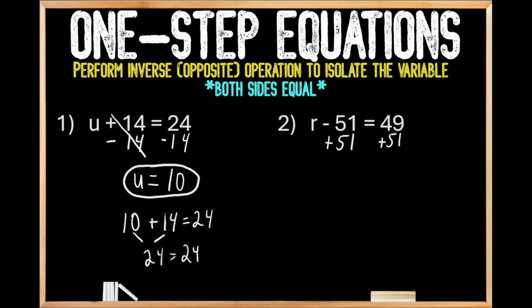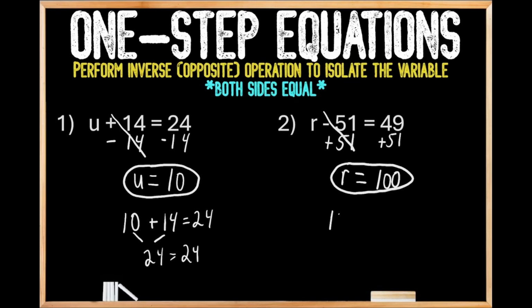Solving the left-hand side first, subtracting 51 and adding 51 cancel each other out, so that means that our variable of r is now isolated. And then on the right-hand side, when we add 51 onto 49, we get 100. So r is equal to 100. And now we are going to double check here. So we're going to input our value for r into our original problem.